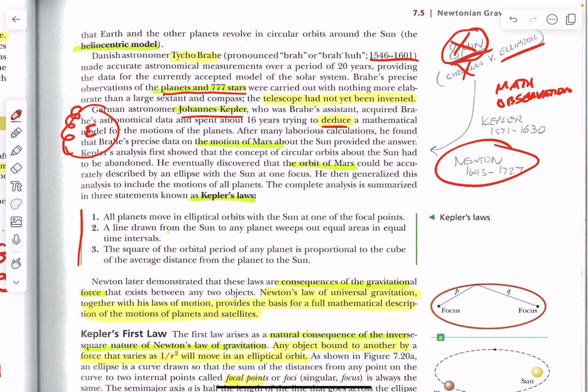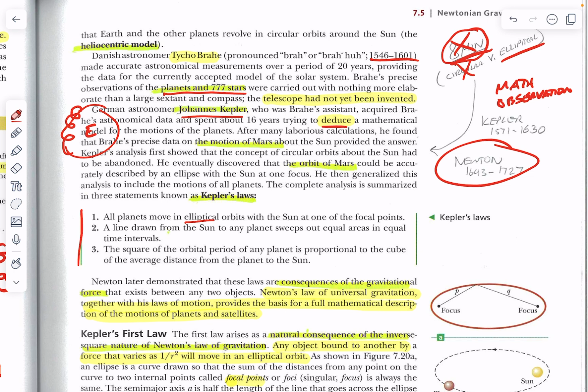And the first one I already mentioned, that planets move as ellipses and not as circles. Because it was true for the Earth going around the sun and Mars for that matter, those orbits are almost circular.